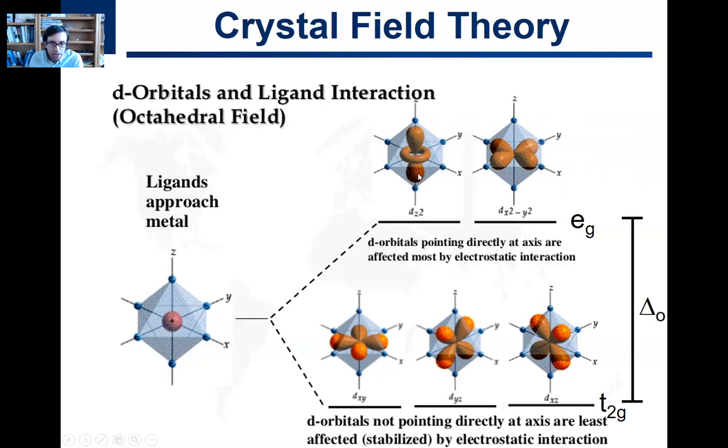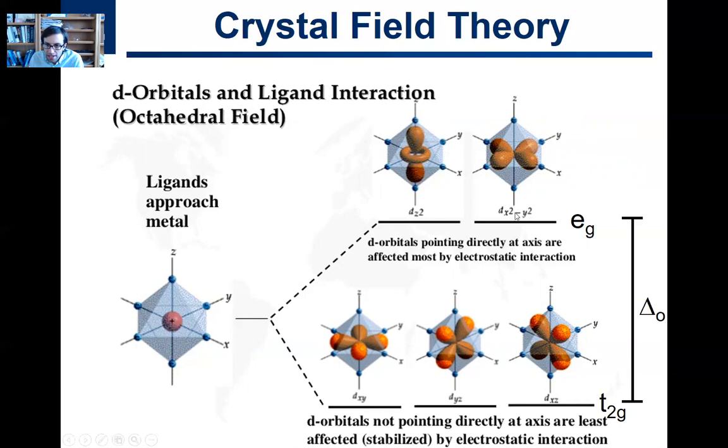Looking at its orientation relative to the octahedral ligands, there is direct interaction between this lobe and this axial ligand, and this lobe and this ligand. Remember, any interaction right now is repulsive because it's electron-electron interaction between the two electron clouds, so these direct interactions are highly unfavorable.